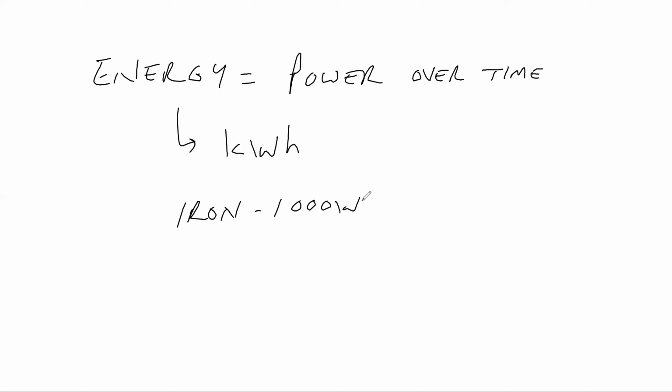Okay, so if you ran that iron for 1 hour, then you would be talking about a kilowatt hour. And if your electric company charges 20 cents per kilowatt hour, then to run that iron for 1 hour would cost you 20 cents.